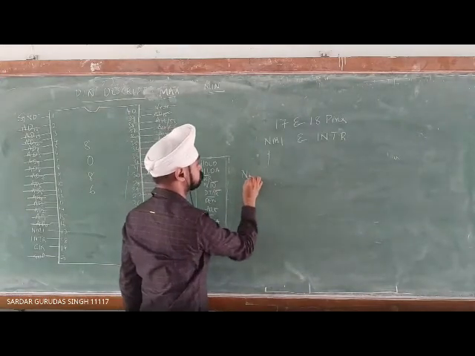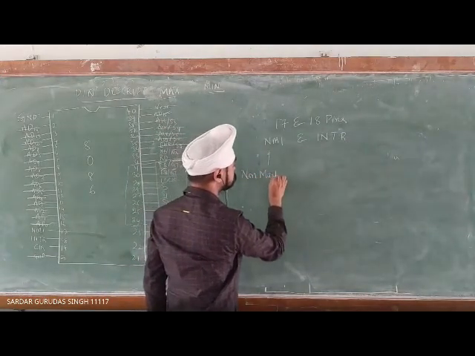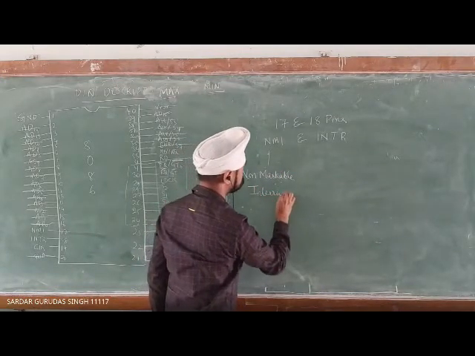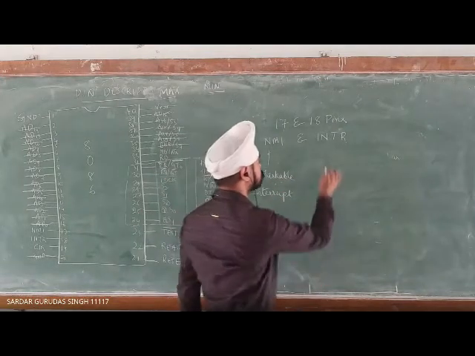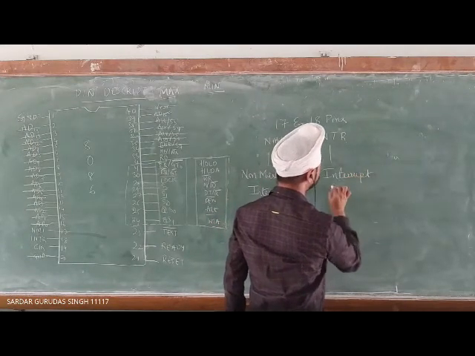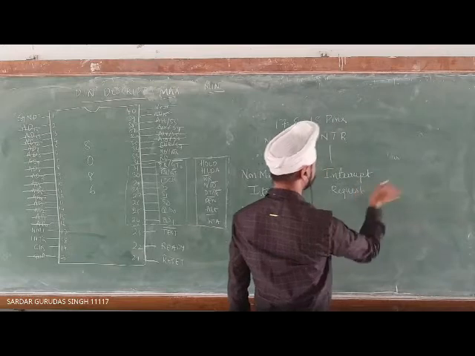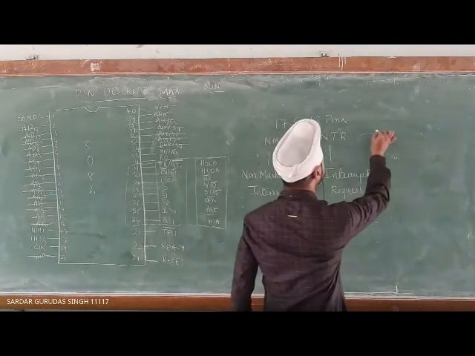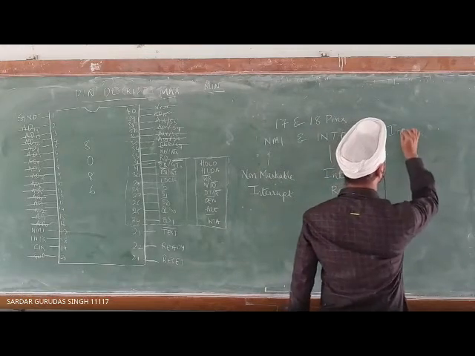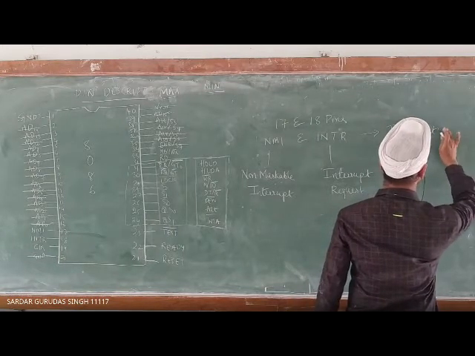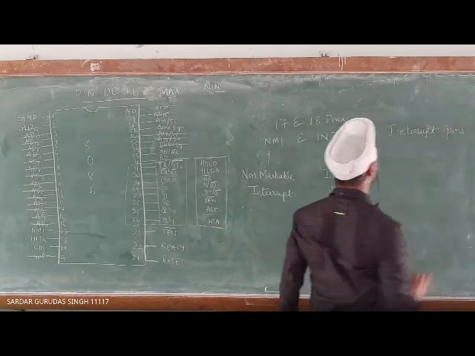NMI stands for non-maskable interrupt and INTR stands for interrupt request. So these are the two interrupt request pins. These two pins are related to interrupt request.